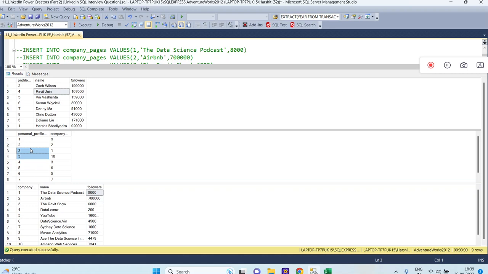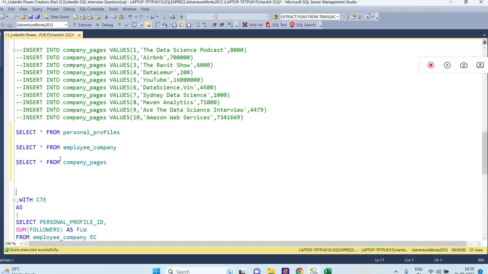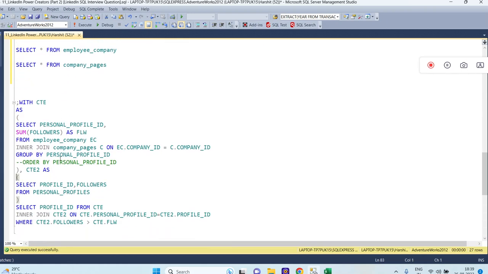Now for personal profile ID 3, they are working in two different companies, company 1 and company 10. So in that case, we need to do the sum of both the companies. So let me jump to the solution.